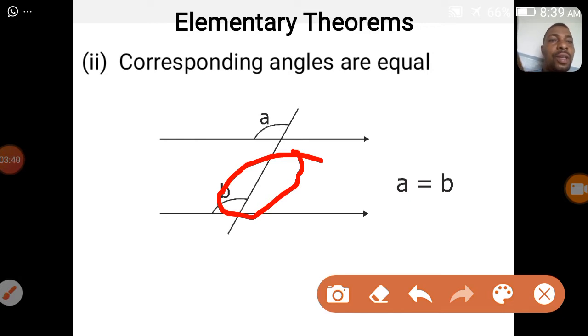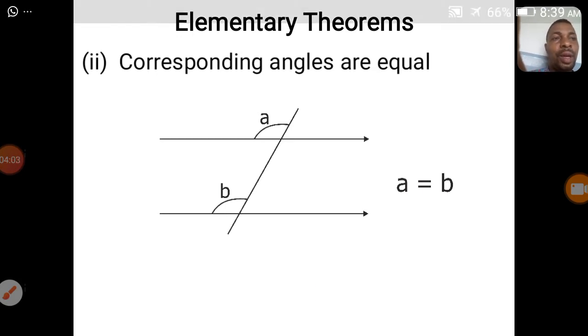That is a transversal. So angle A corresponds to angle B. Therefore, they are equal. Correspond in the sense that they are in similar positions, but on different parallels. Okay? A is equal to B.